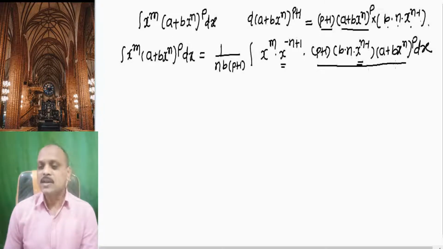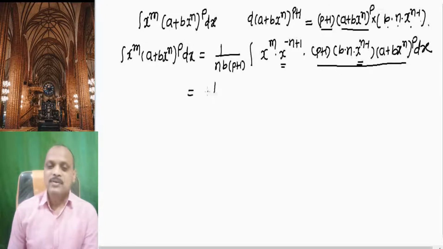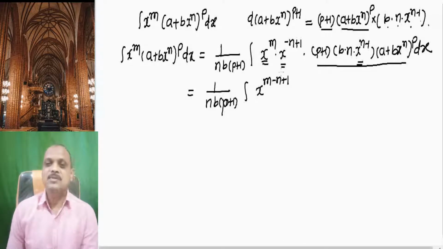This total term is a derivative of (a plus b x raised to n) whole raised to p plus 1. Equal to 1 divided by nb into (p plus 1) into the integration of x raised to m minus n plus 1. Base is the same, so addition of powers or exponents. Now this is the derivative of (a plus b x raised to n) whole raised to p plus 1 into dx.